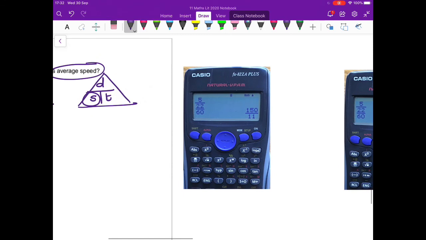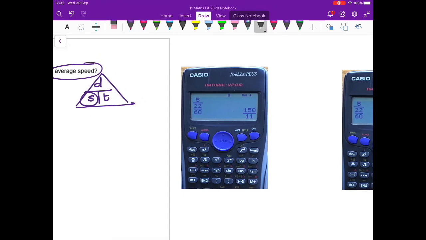Go back to your calculator, and again, you're going to press your fraction button first, type in your 5, press your down arrow, and then type in your fraction button again, not mixed number, just fraction button, 22 over 60, press your equals, and you'll get 150 over 11.